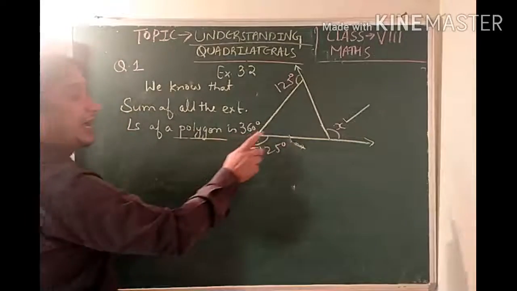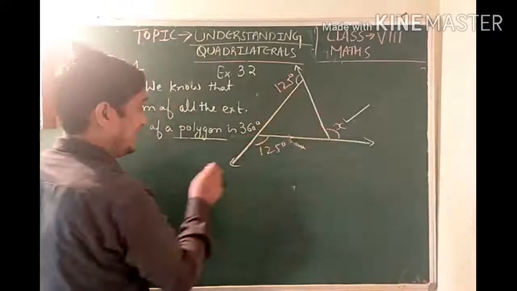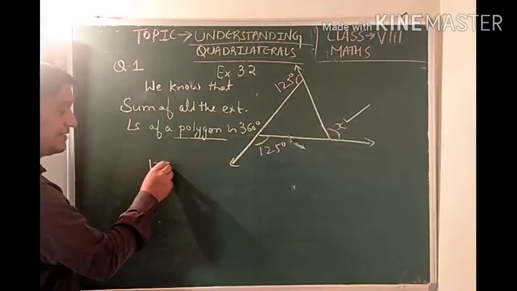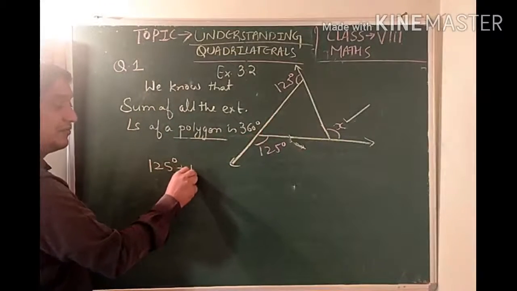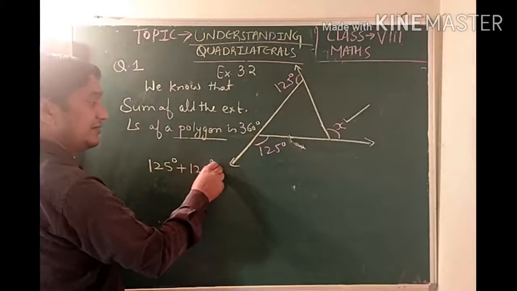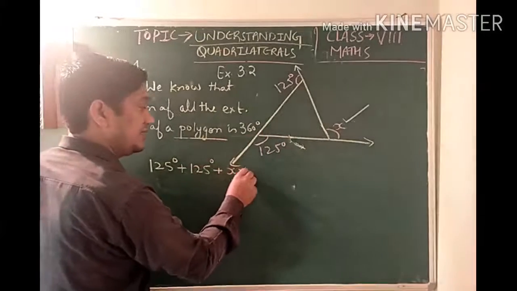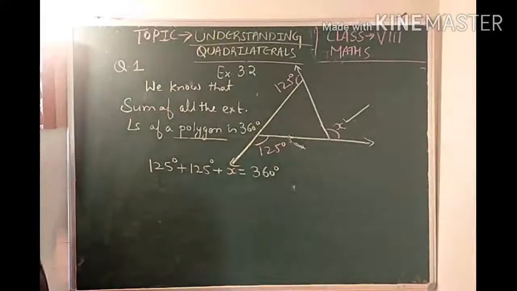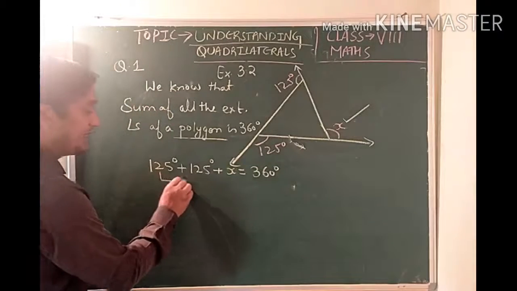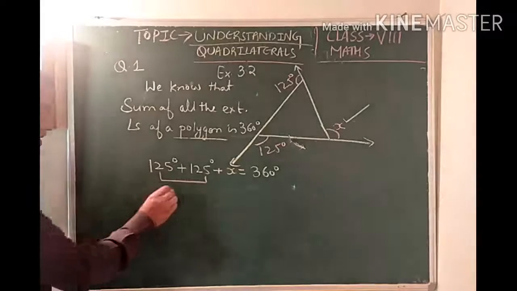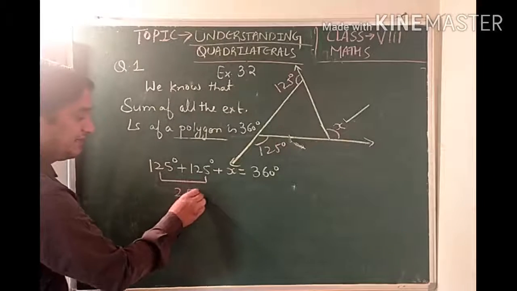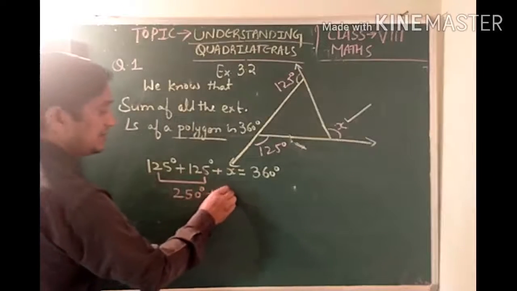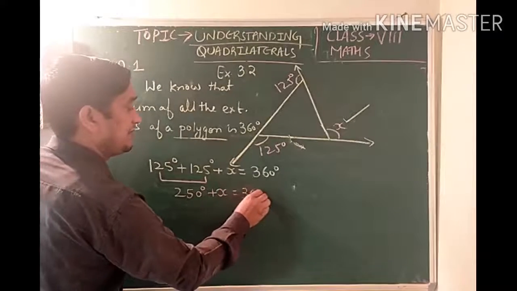Now children, we will add all these exterior angles. We get 125 degree plus 125 degree plus x. The sum is 360 degree. So we add 125 and this 125. It becomes 250 degree plus x is equal to 360 degree.